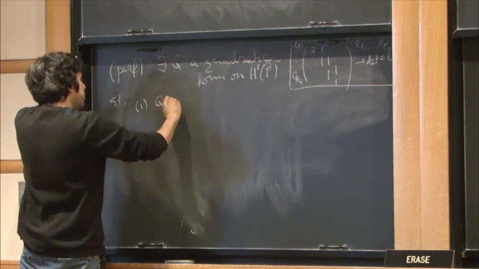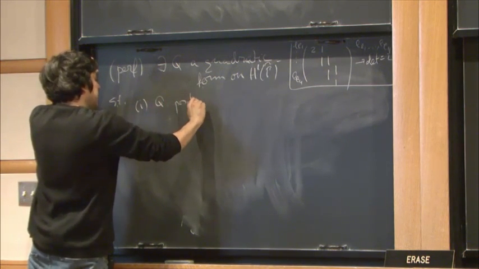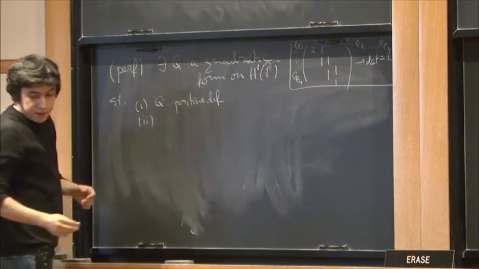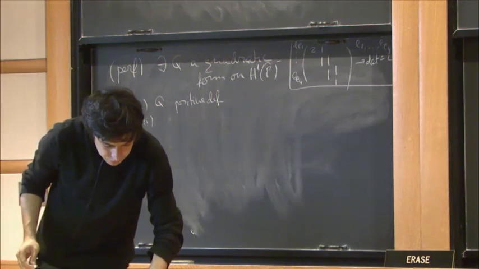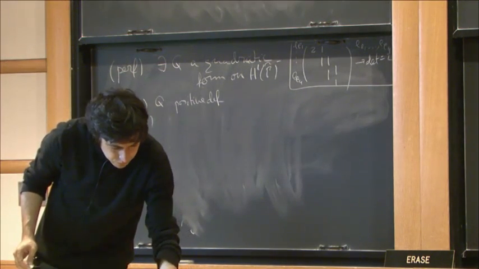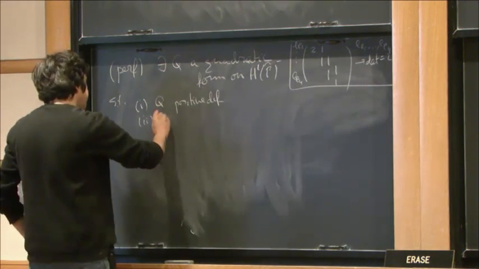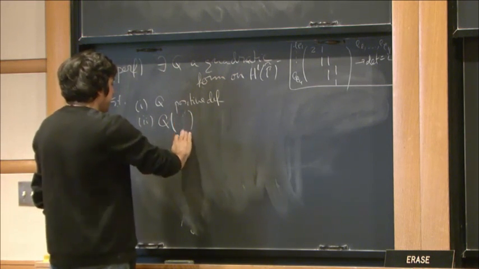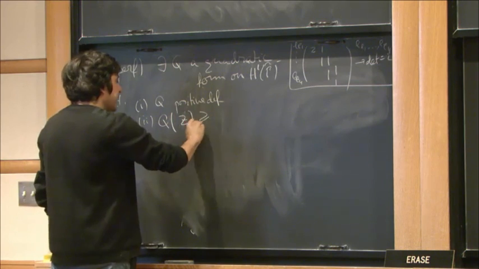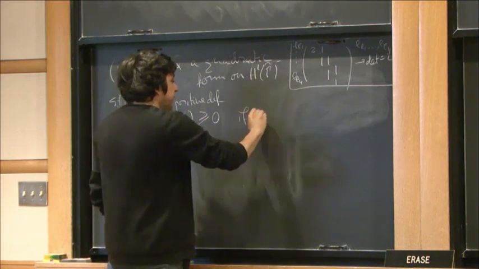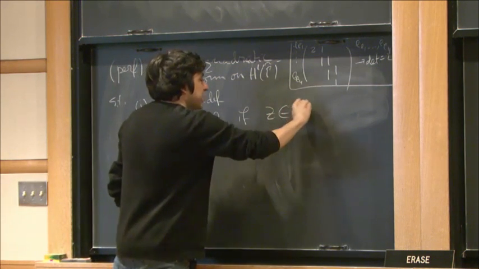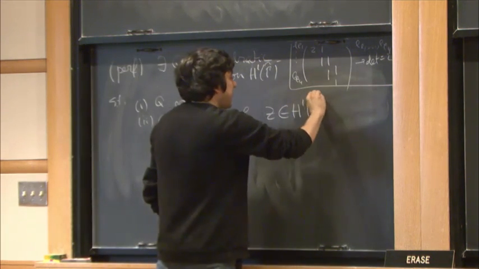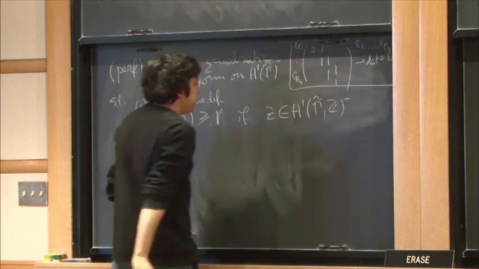The first one is Q is positive definite. The second one is that Q of Z is greater or equal to 0 if Z belongs to H1, and greater or equal to 1 if Z belongs to H1 of gamma tilde minus.